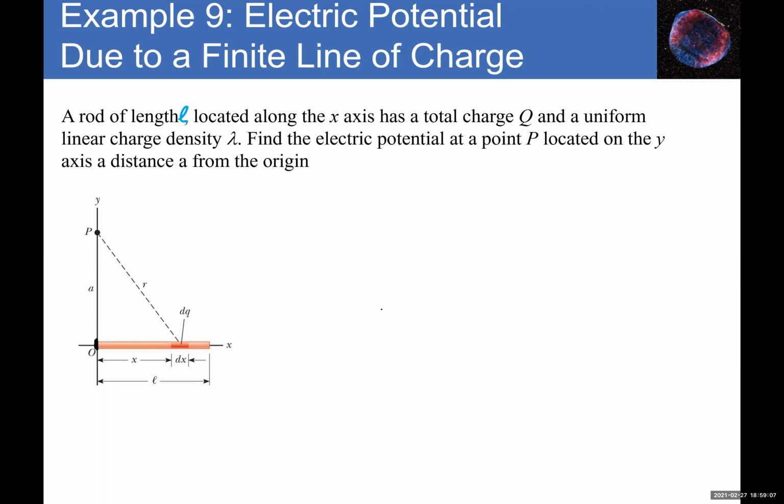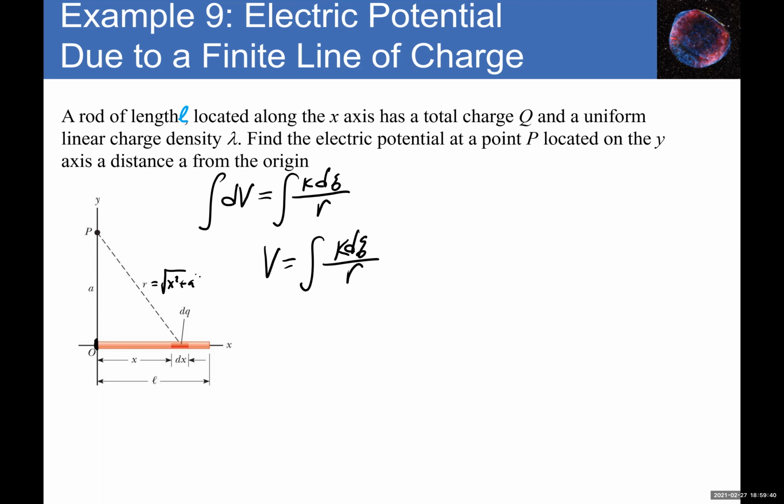Then I can say that the potential dV of this particular element is k dq over r. Technically, when I'm doing this, it's k dq over r, and then I take the integral of both sides. So V is equal to the integral of k dq over r. Now, what I can see from here is that r is equal to the square root of x squared plus a squared.